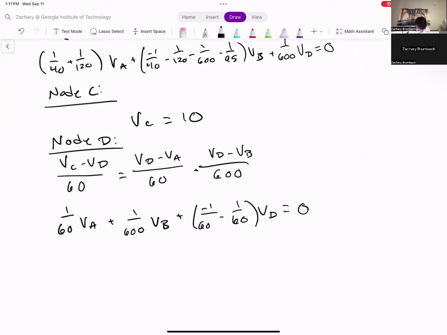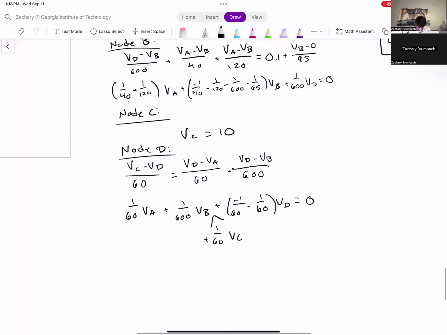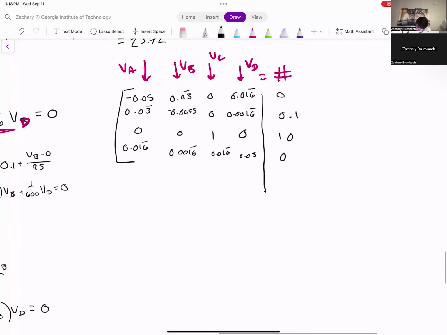Oh, I missed a part here. I'm sorry. This is supposed to be plus 1 over 60 VD here. Apologies for that. And then this is equal to 0.